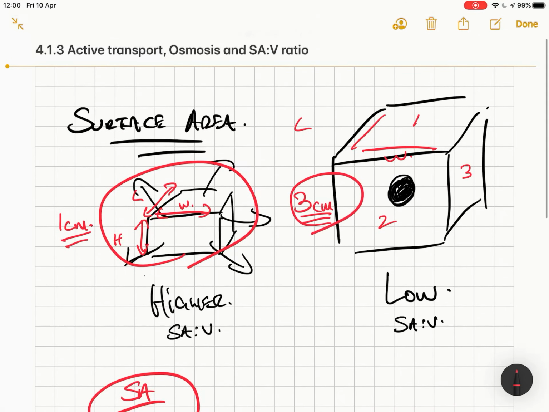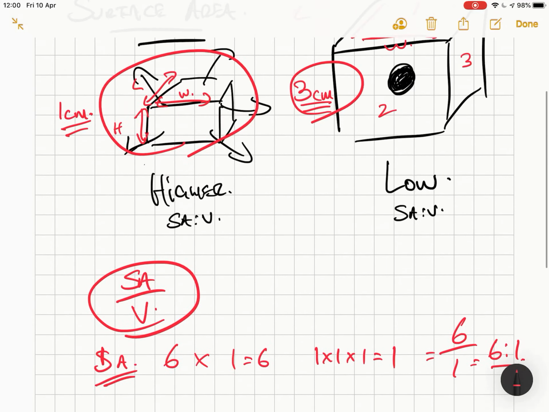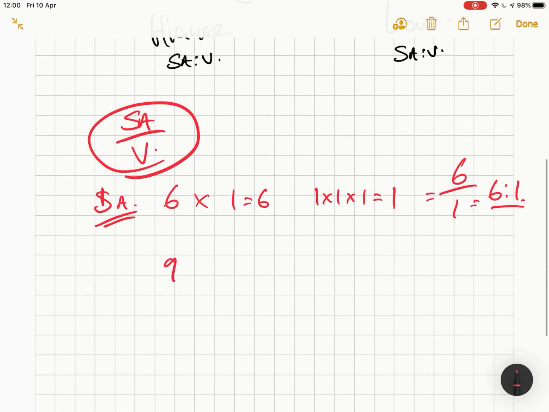Now, if it was this shape that we were working this out for, and it was larger, and we'd say it was 3 centimeters in length, to work out the surface area, we've got 6 sides, each one is 3 centimeters in length, so 3 times 3 is 9.